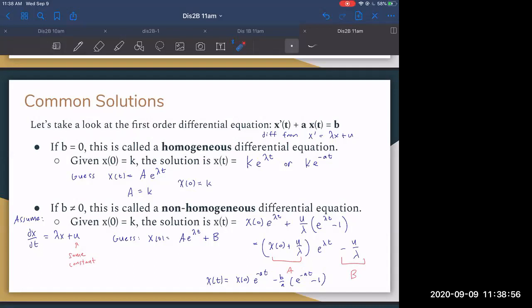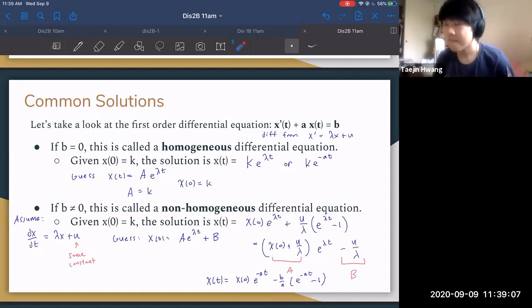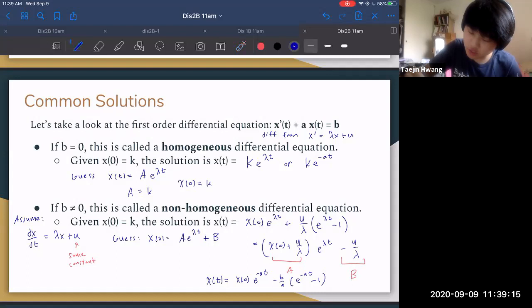Oh, why aren't you simplifying this equation further? Because you could combine the e to the negative at terms. Is there a reason that we're choosing not to? Yeah, actually, so I think the reasoning might not be as clear today, but essentially the idea is that if you remember for the homogeneous differential equation, you were able to see that the solution is x of 0 e to the minus at, right?